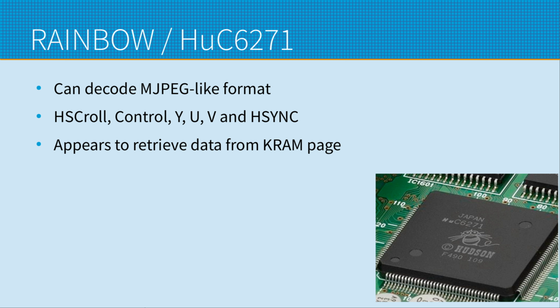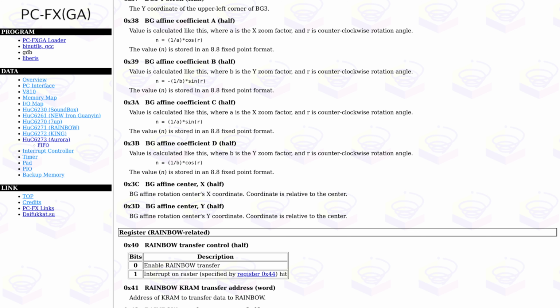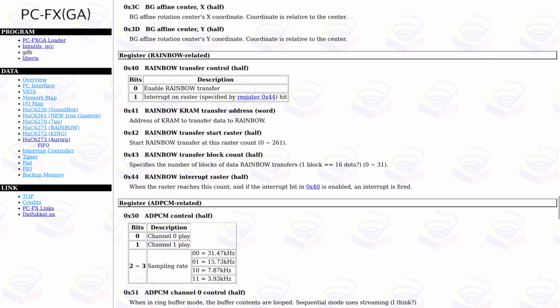It's sort of related to Rainbow, because King actually handles the KRAM to Rainbow transfer, as I suspected. However, I did not fully suspect that you have to use a bunch of registers for that. So for the Rainbow control register, you need to set the first bit to 1, which enables the Rainbow transfer.